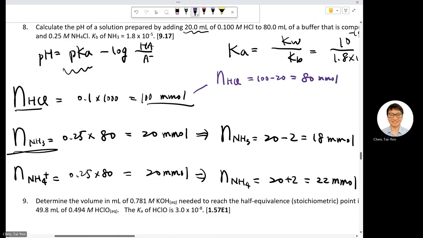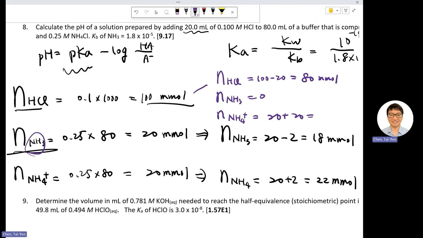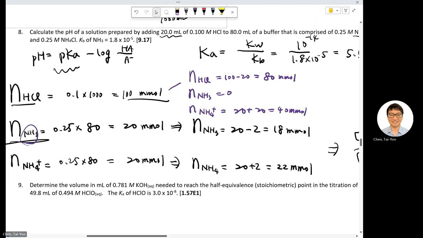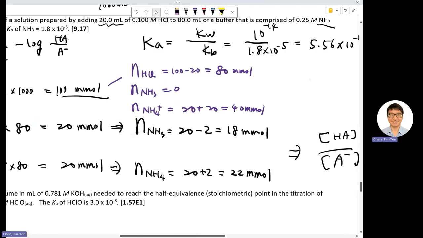And then your amine, the moles of your NH3 will be fully consumed, so you don't have this. The moles of your NH4 plus will equal 20 plus 20, and that's equal to 40 millimole.